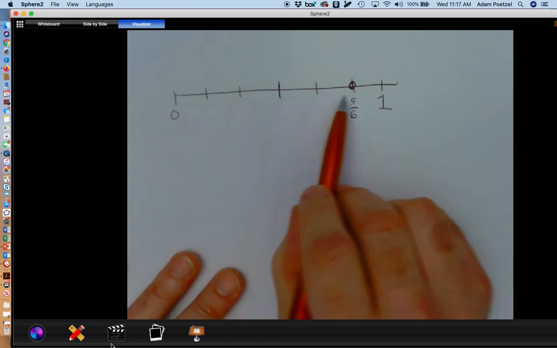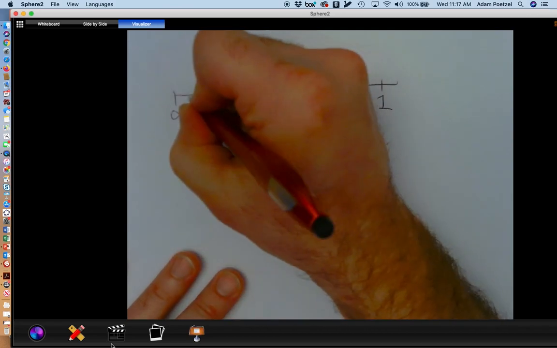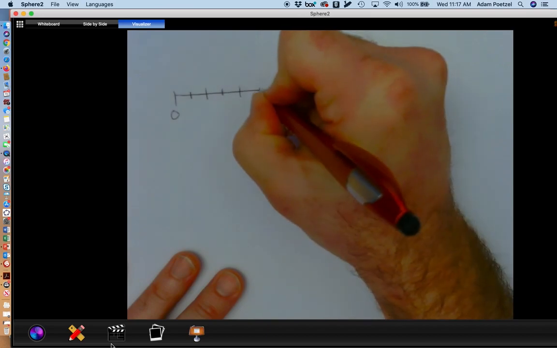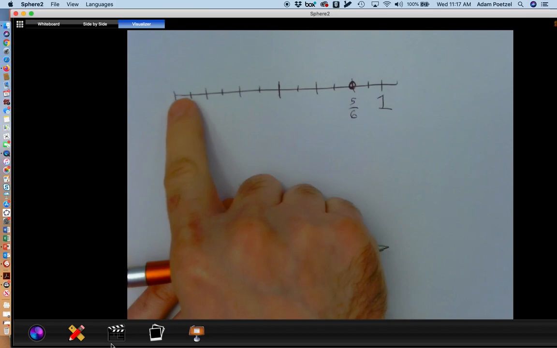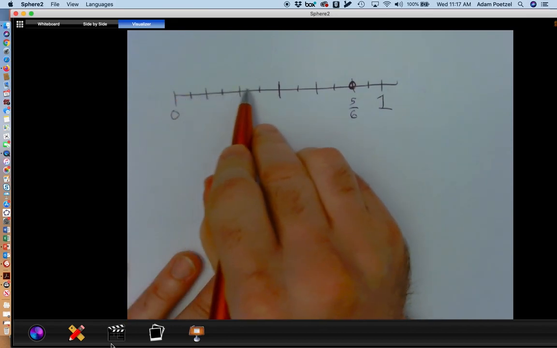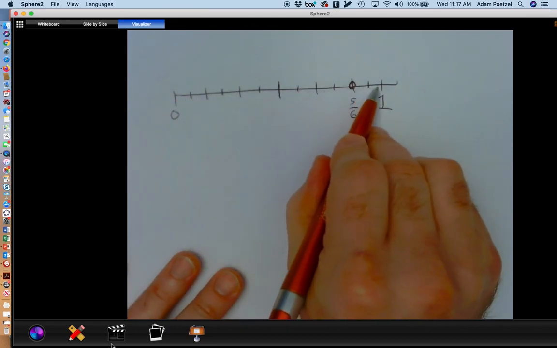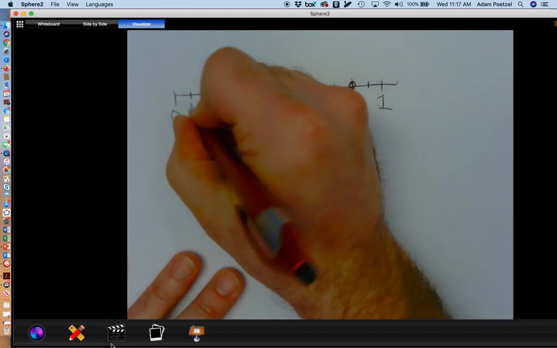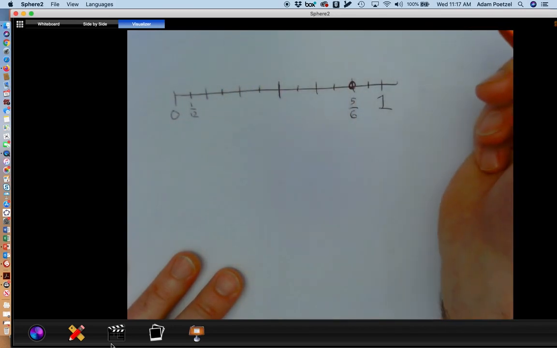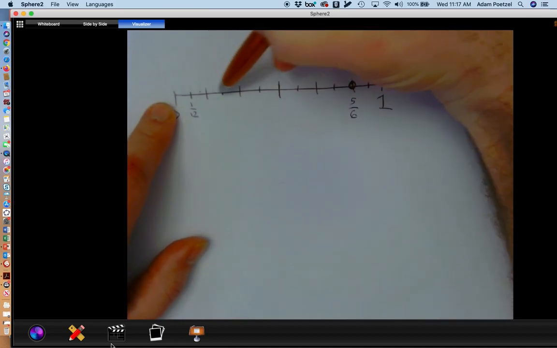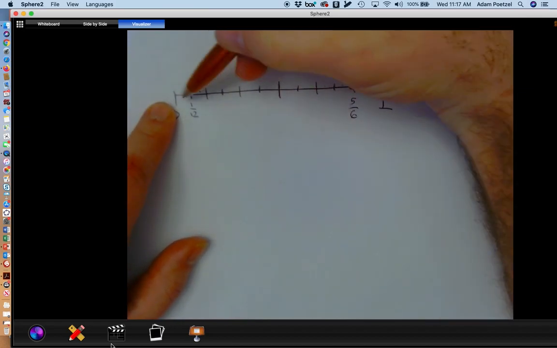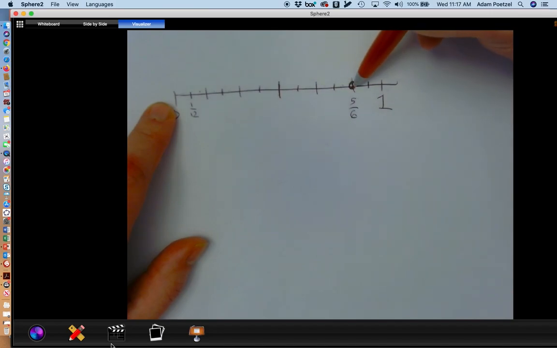So I can think about it different ways. But one way is, if it doesn't break up evenly in sections, I might partition this further. If I break each of those into half, now I'd have 1, 2, 3, 4, 5, 6, 7, 8, 9, 10, 11, 12 sections. So each of these represents twelfths now. And now, just looking at it this way, 1, 2, 3, 4, 5, 6, 7, 8, 9, 10, there's 10 twelfths to get to Monday's workout.